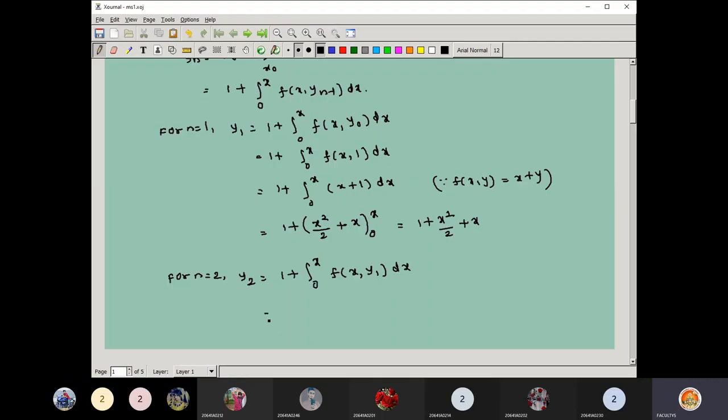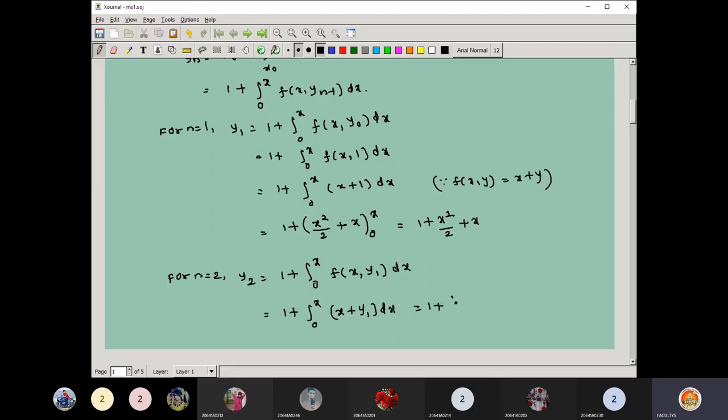So this I am just making the simplification: 1 plus integral 0 to x. What is it here? f of x comma y1 means it is almost similar to your f of x comma y. y is replaced by y1. So just I am writing x plus, in the place of y, I am writing y1, dx.